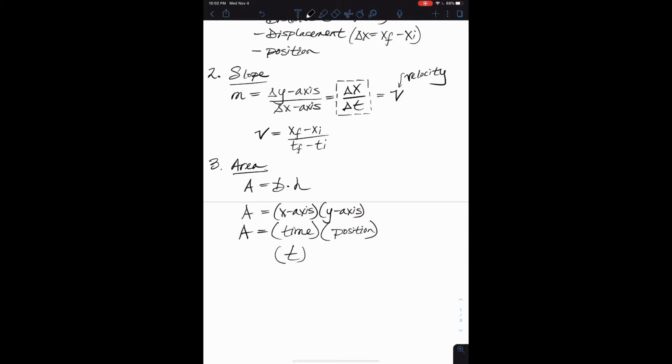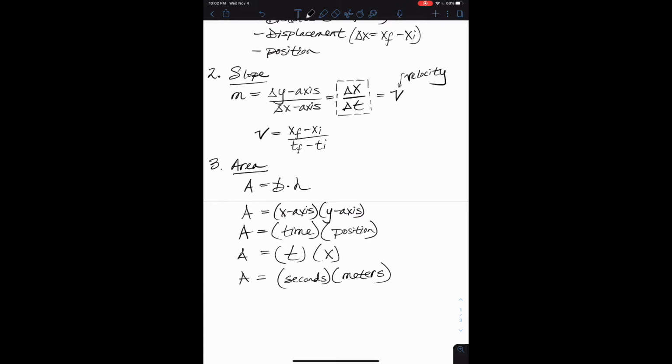T times x. Well, let's look at the units. If you multiply, say, seconds by meters, you get second meters. And if you think about that, that's pretty illogical, right? It doesn't really mean anything. You don't usually multiply a time by a unit of distance.